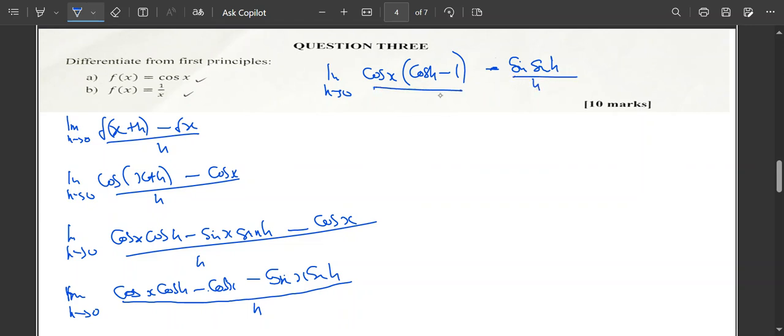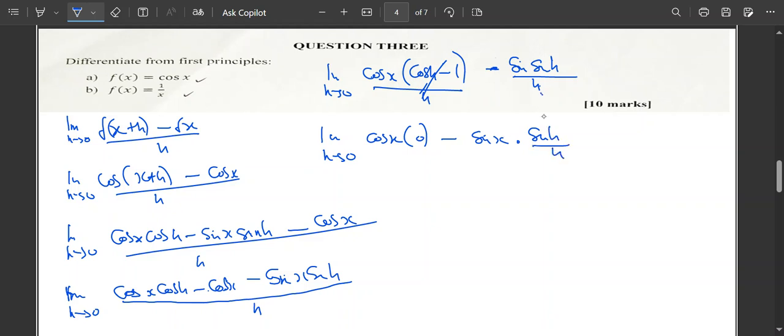Let me just distribute this h. So we need to know that lim as h approaches 0, this identity cos h minus 1 over h, this should be 0. So that will be cos x, then open bracket 0, minus, then again we need to know that sin x, since we have h there, dot sin h over h.